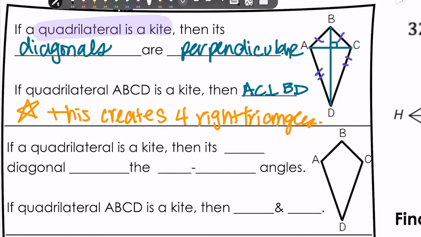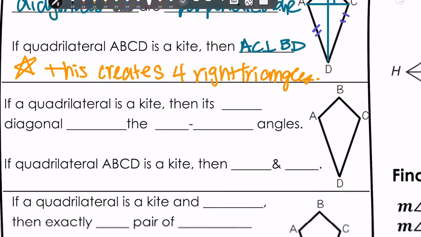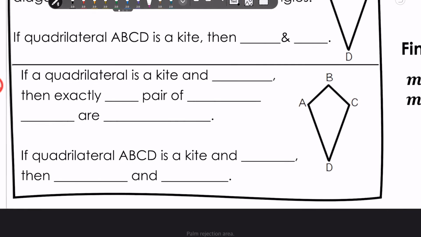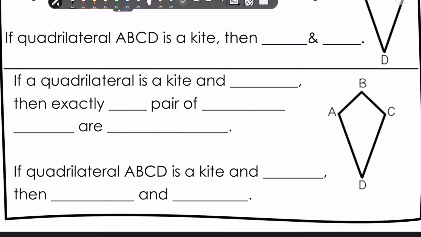All right, so we're not going to go to the next one. We're going to come back to it. There's a theory behind my madness. I promise there is a reasoning for it. So now we're going to put in if a quadrilateral is a kite.